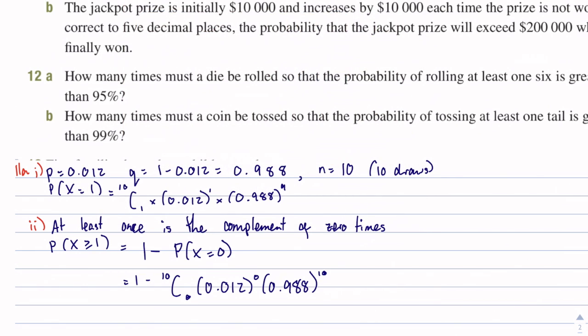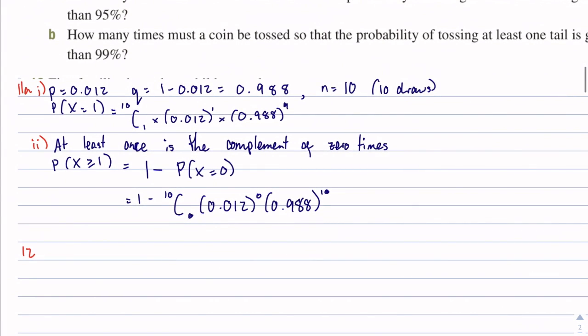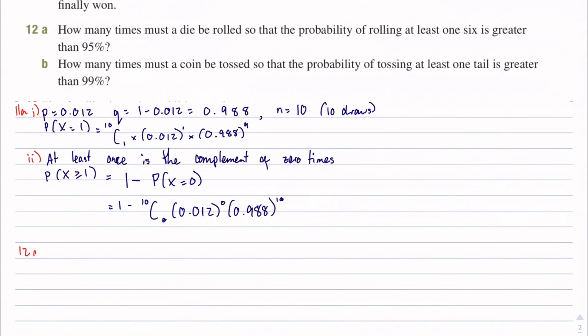And for 12, I really wish I had a calculator. For 12a, we don't know n here. We know p is 1/6. We know q is 5/6. And we're rolling at least one 6, which is the complement of 0 6s.